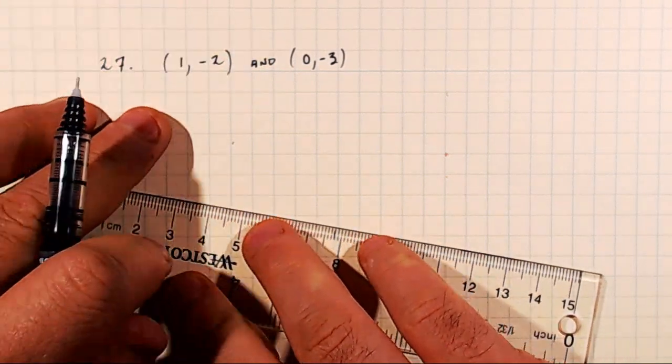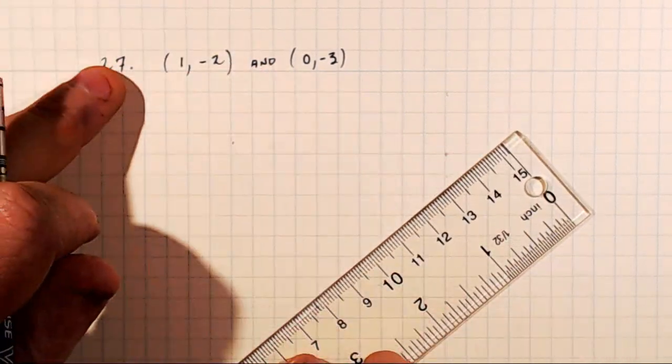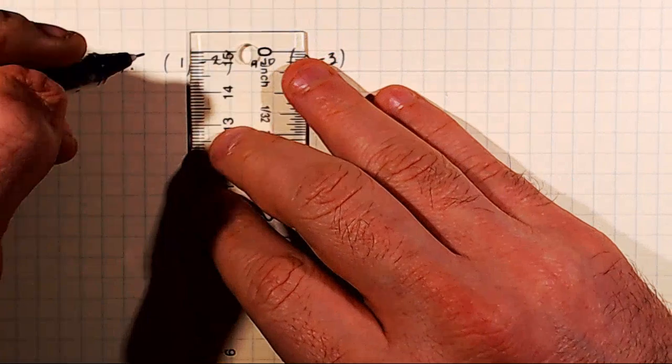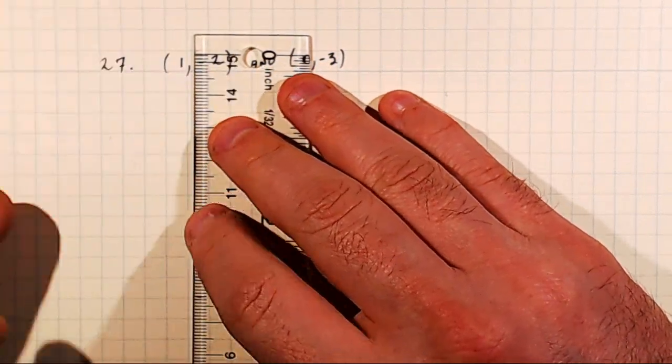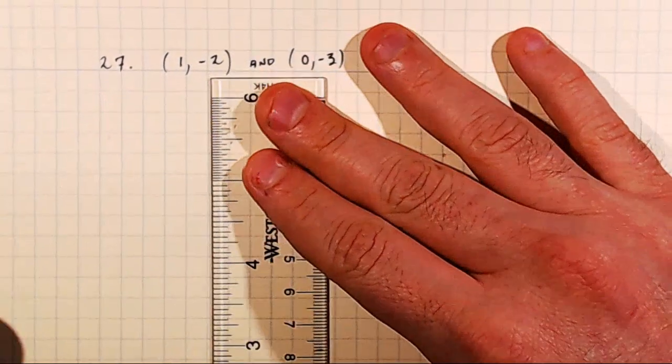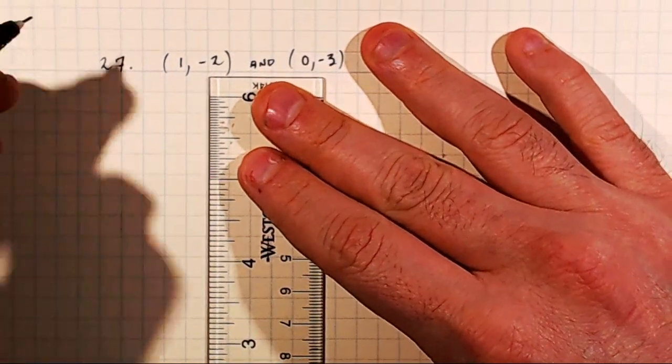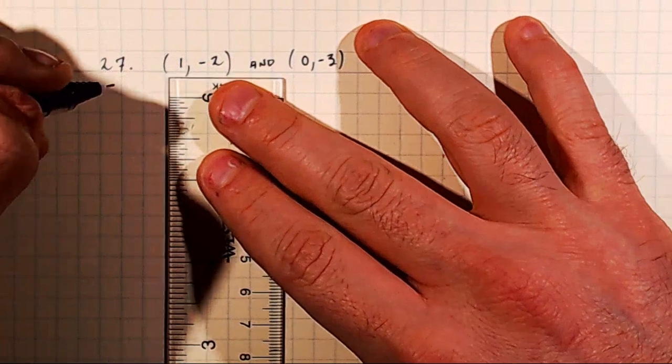So what I'll do first is graph these points, just so you can see the line that we're trying to find the equation of. We can actually probably estimate it visually fairly easily. All right, so first let me draw a little graph.